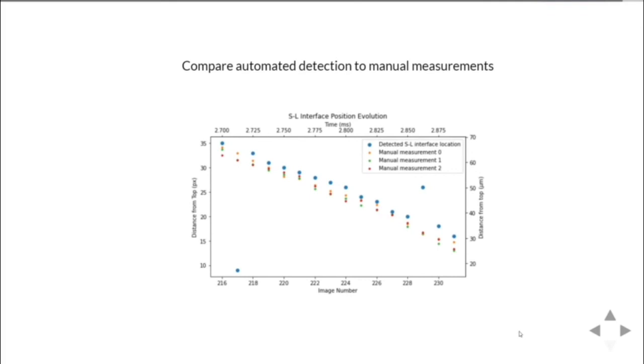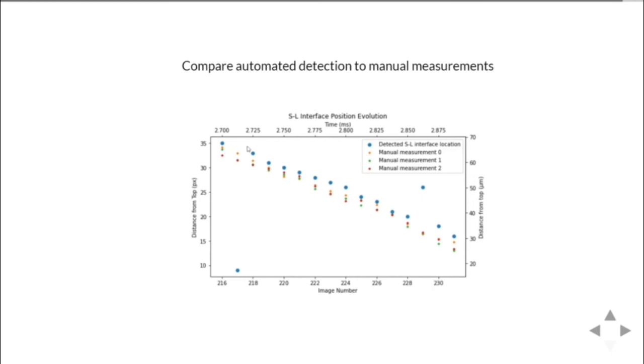The next thing that we'll do is compare this automated detection to manual measurements, and these manual measurements were made using napari, which is an n-dimensional image viewer made with Python, and that can be used very fluidly with Jupyter notebooks. You can open up a napari window to look at a stack of images, click on points and annotate an image, and then pull those back into a Jupyter notebook for things like plotting or saving.